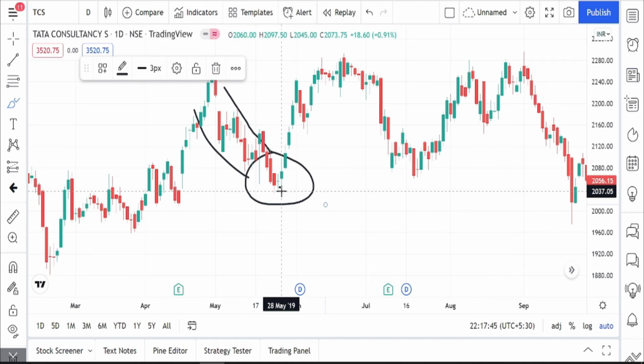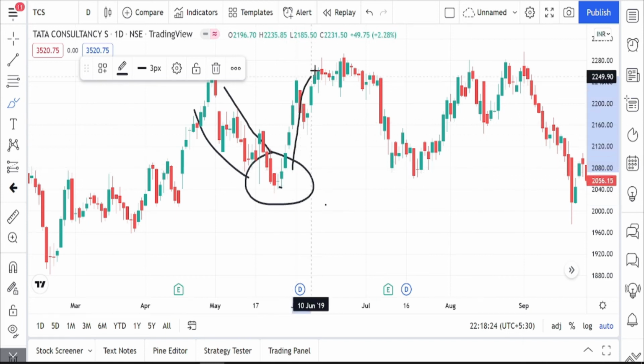There is a tough fight between buyers and sellers, which led to forming a doji candle at this price point. And candle C3 opened above the close price of C2 and closed above the open price of C1. So this is an exact morning star pattern, and if you see the next few trading sessions, the market has shot up to higher levels.